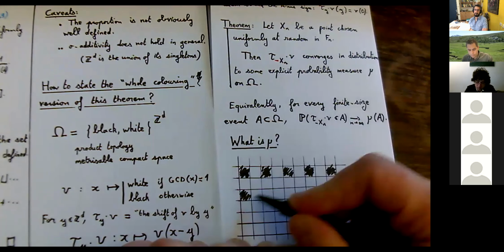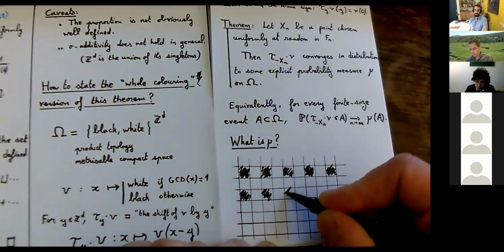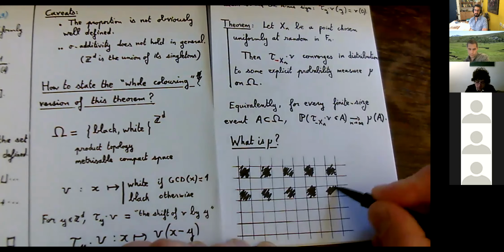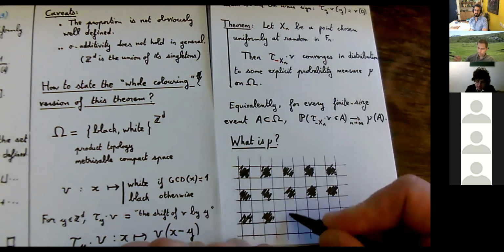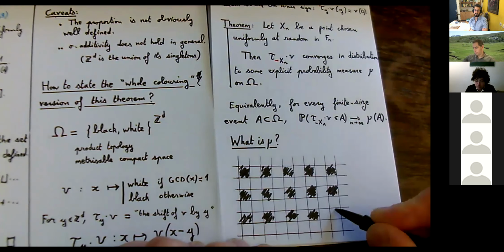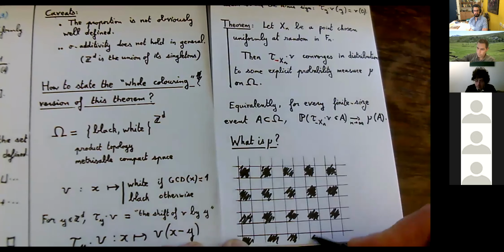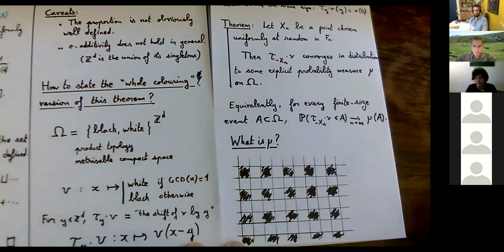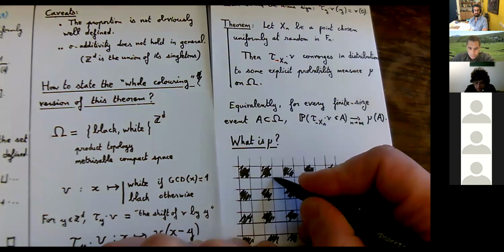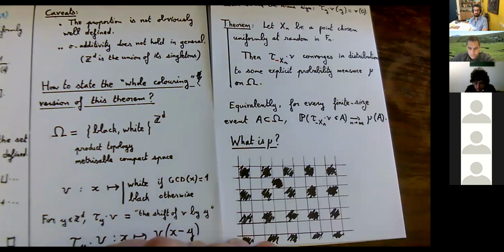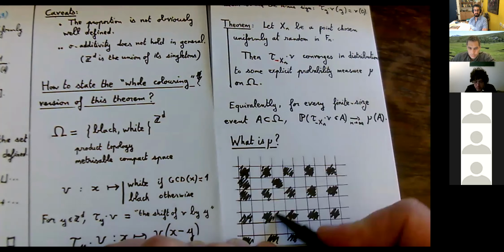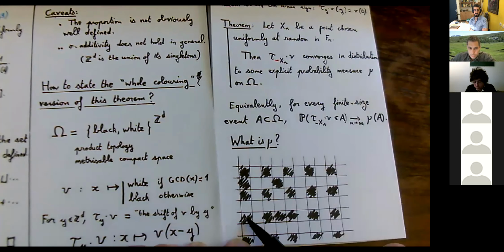And we get a coloring like this, where some places have turned black, and some have not turned black yet, but will become black sooner. But having an even GCD is not the only way to have a GCD that is not equal to 1. You can have a GCD that is a multiple of 3. So maybe here, this guy is a multiple of 3. And then people who agree modulo 3 should get black. This one here was already black, so it just stays black.